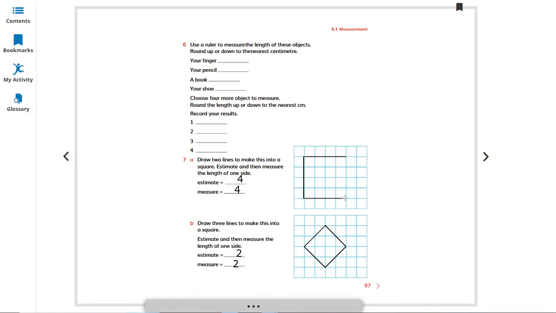Like this. Here obviously you don't need a ruler. You can find it, because one box side is equal to 1 centimeter, and if there are four boxes, 4 centimeters, three boxes, 3 centimeters.